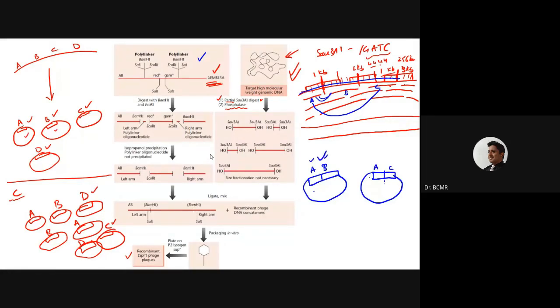Which one is the correct scenario in the genome? My job of trying to construct the genomic library is to also study the order of genes, any intergenic regions, and all things. We are trying to read it as a genome. We are not trying to read something as a gene. The primary objective of a genomic library, maybe 2 decades earlier, was to sequence the whole genomes of bacteria or any mammal or human even.